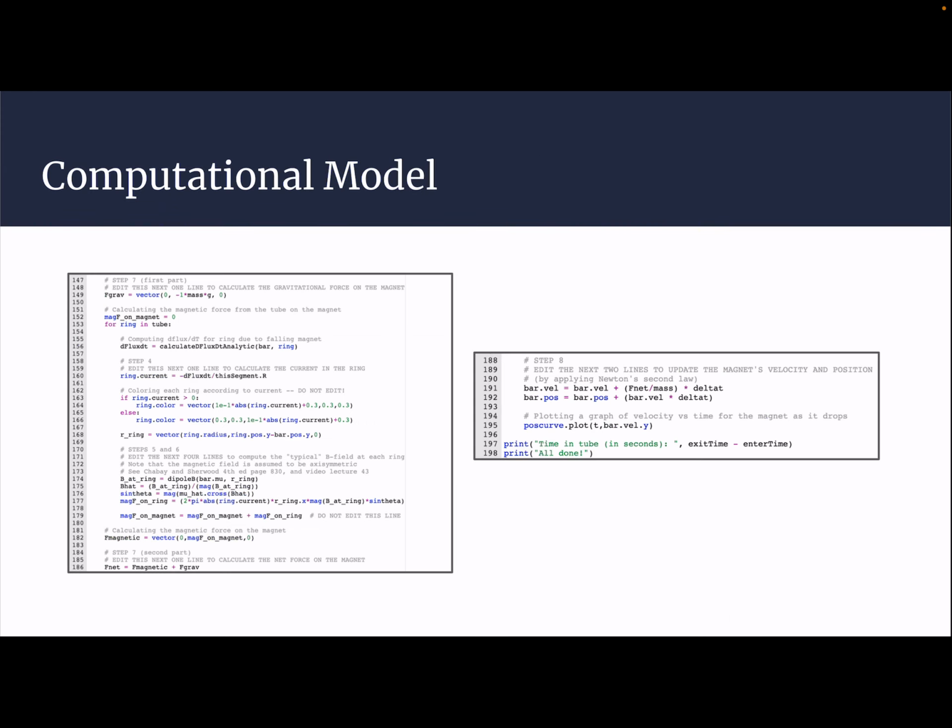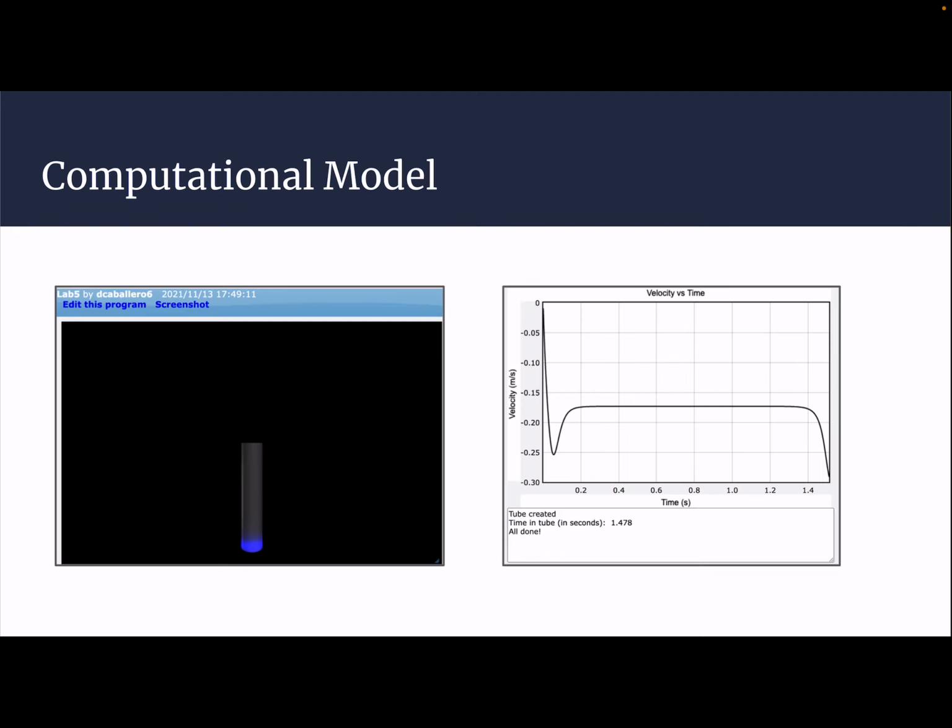Step 4, I added a line to calculate the current in the wire, which equals the change in flux over resistance. Steps 5 and 6 calculate the magnetic field of each ring. Step 7, I calculated the magnetic force on the magnet using the gravitational constant and mass of the magnet. Step 8, I updated the magnet's position and velocity using Newton's second law. Here, we can see the output of the computation model. According to the model, the time in the tube is 1.478 seconds.